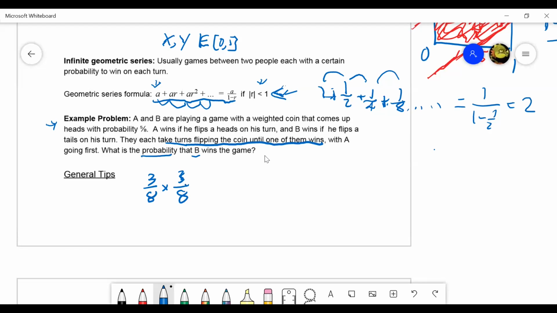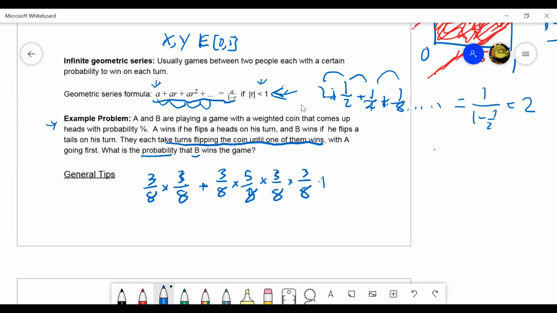But what if he doesn't win in this first turn and he wins on the second turn? That means that A couldn't have won on the first turn either. So that means A also does 3/8 for not flipping heads. Then B has a 5/8 chance of not flipping tails, and A has another 3/8 chance of not flipping heads, and then B has a chance of 3/8 of flipping tails on that fourth turn.